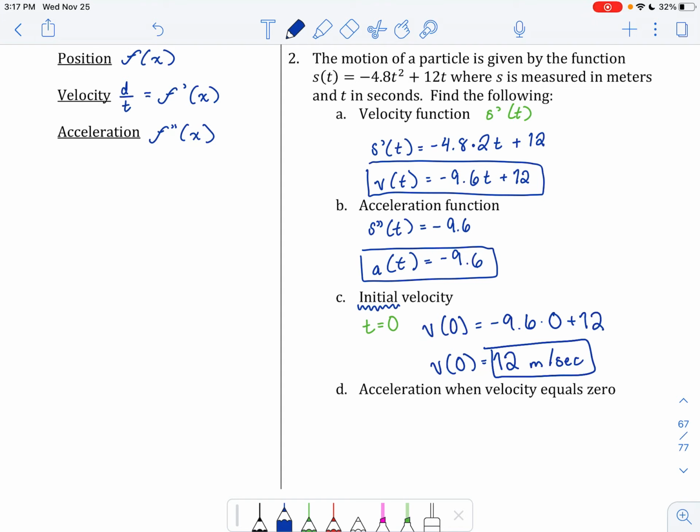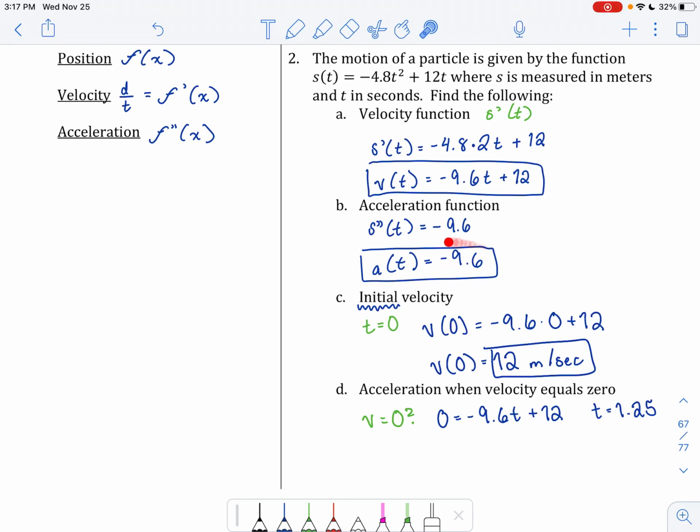Now here, we can say, oh, the acceleration when velocity is equal to 0. Now there's two ways to do this. One is you can find when velocity is equal to 0, so you can start with that question. Oh, when's velocity equal to 0? We'll say 0 is equal to negative 9.6t plus 12. You can do algebra, you can solve it, you can get t is 1.25. Plug that in.